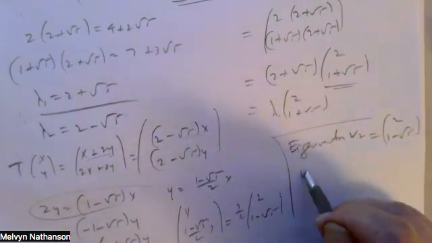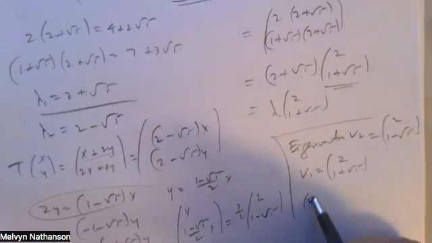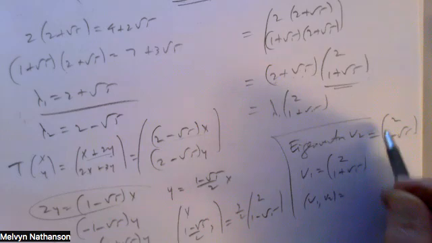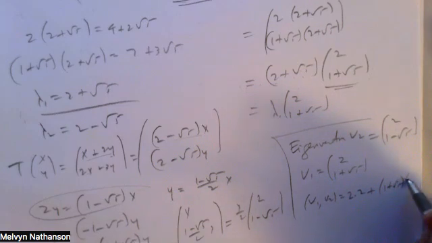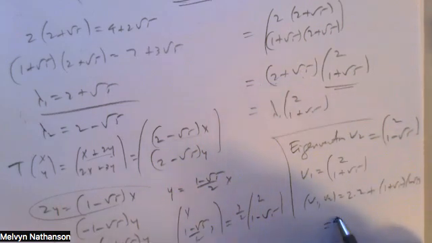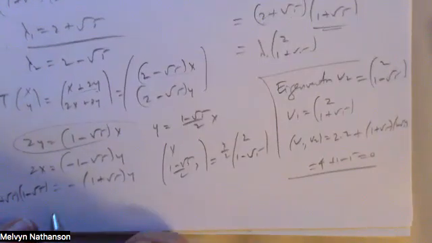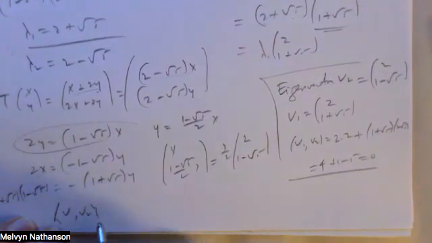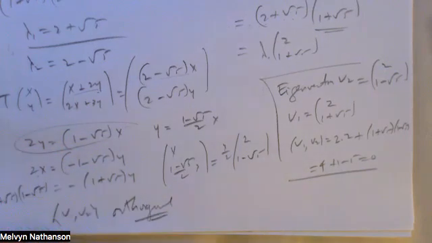And what was v1? My first eigenvector was 2, 1 plus root 5. If I take the inner product of v1 and v2, that's 2 times 2 plus 1 plus root 5 times 1 minus root 5. That's 4 plus 1 minus 5, which is 0. So in fact, in this case, v1 and v2 are not only a basis for R2, but these two vectors are orthogonal.